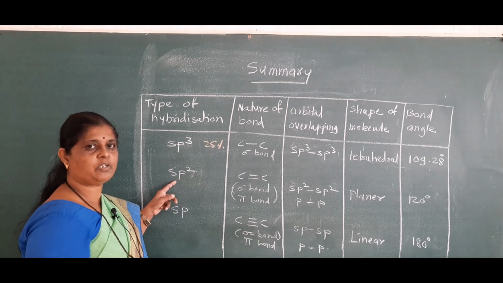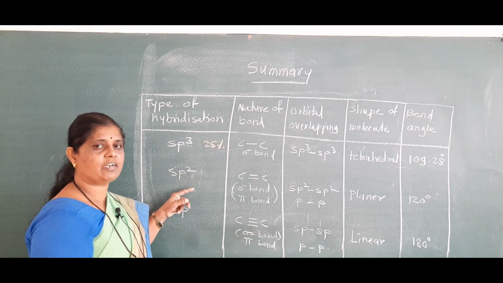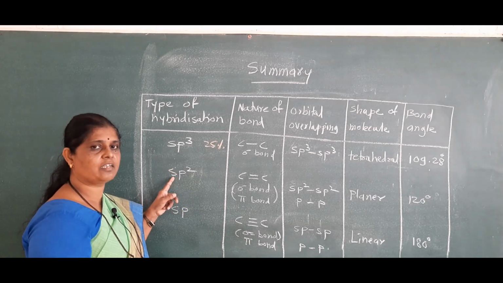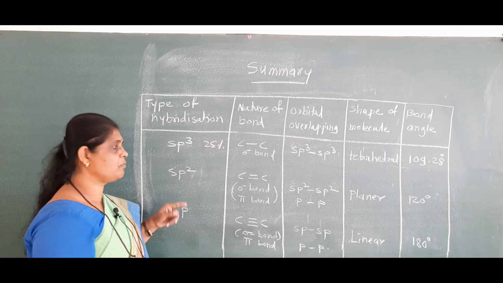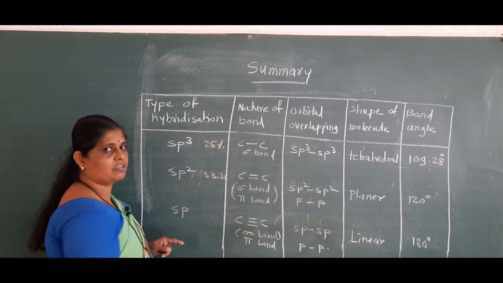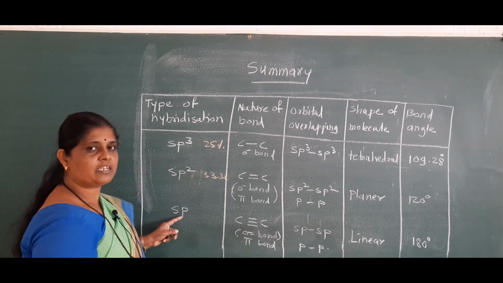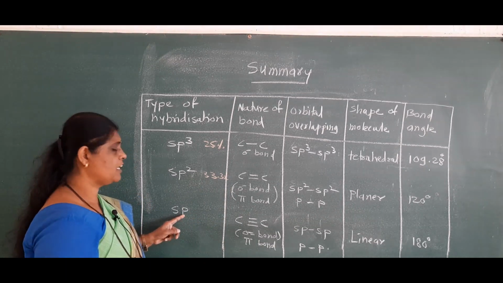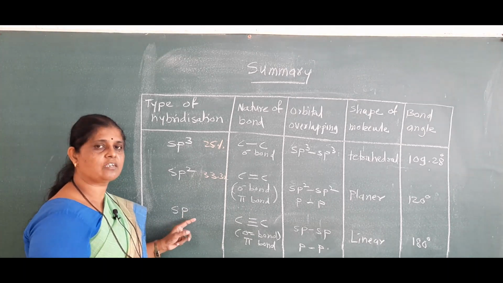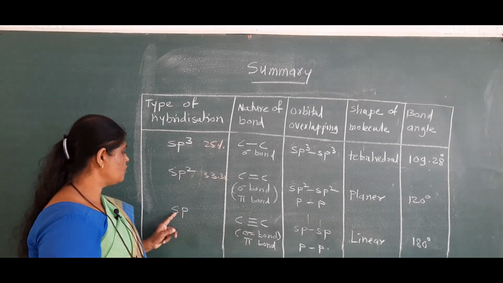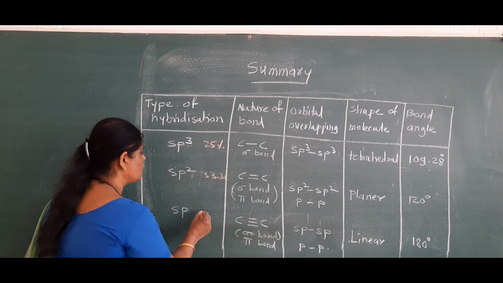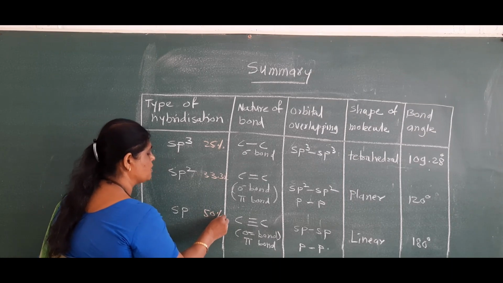In case of sp2 hybridization, 100 divided by 3, and there is only one s atomic orbital, therefore its percentage of s character is 33.3%. While in case of sp hybridization, there are 2 orbitals involved, therefore 100 divided by 2 is equal to 50, and there is one s and one p atomic orbital, therefore percentage of s character is 50%.